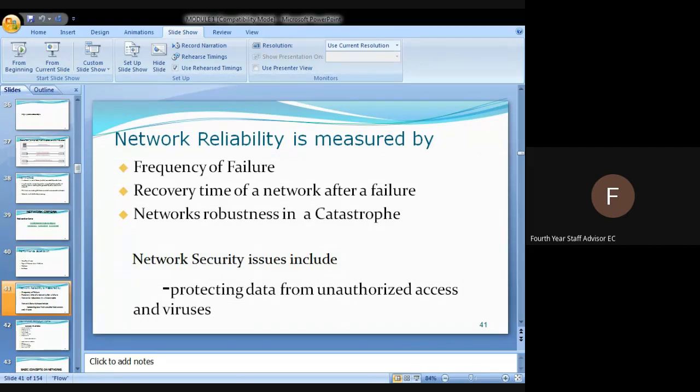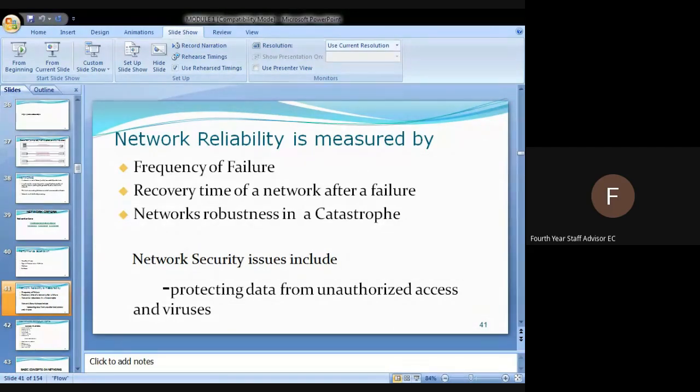The second criterion to find whether a network is efficient and effective is reliability, and it is measured by the frequency of failure, the recovery time of a network after a failure, and its robustness in a catastrophe.